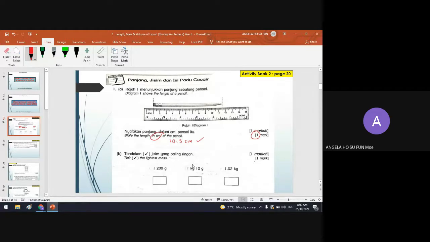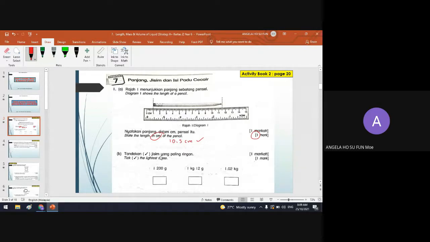Anyone can tell me your answer before we do the correction? Which box is the lightest? The one on the left, the middle one, or the right? Middle. Okay, so how do you get this middle one?